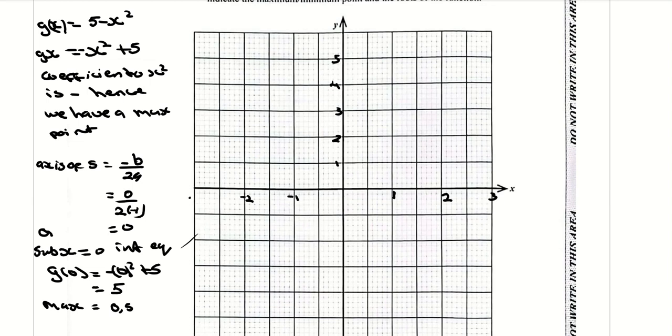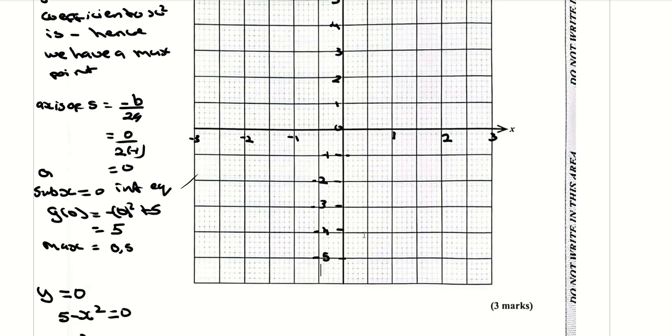This is negative 1, negative 2, negative 3, this is 0 here, this is minus 1, minus 2, minus 3, minus 4, minus 5.